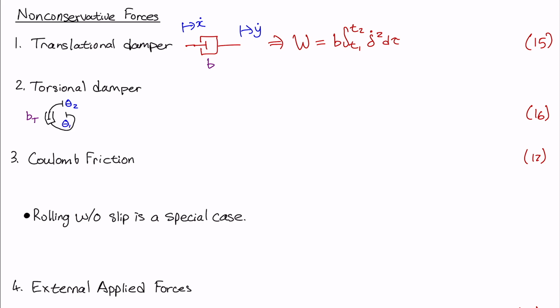So that is the relative velocity across the damper, or this will be equal to, for the damper shown here, b times the integral from t1 to t2, in this case y dot minus x dot, this quantity squared, d tau.